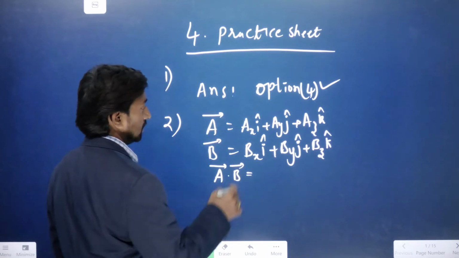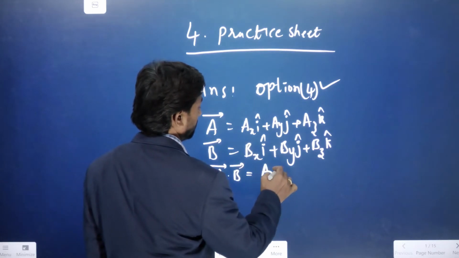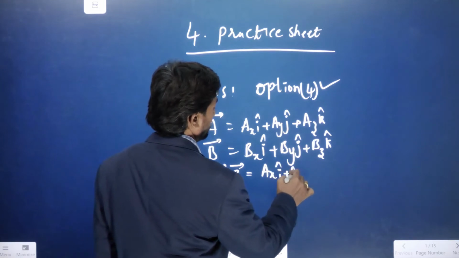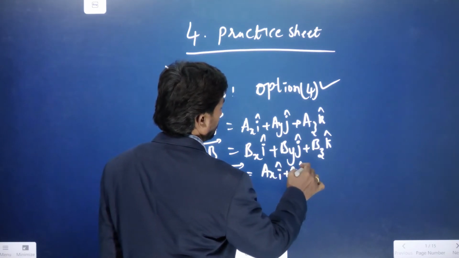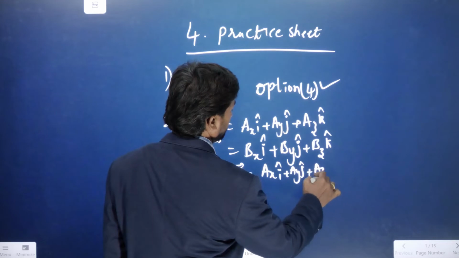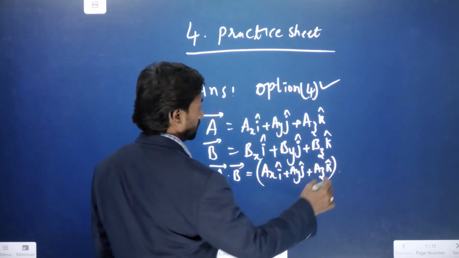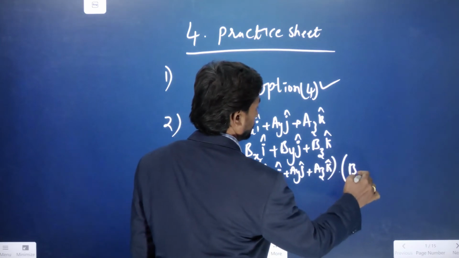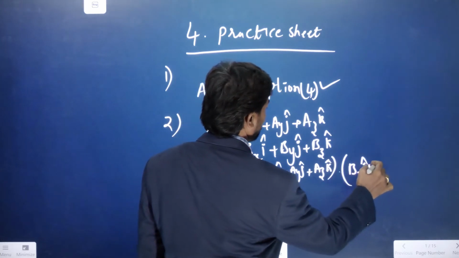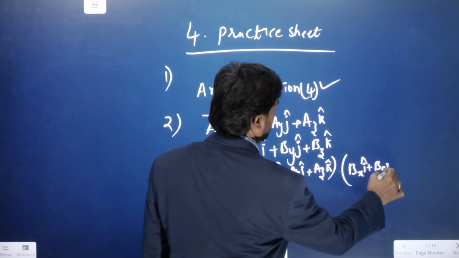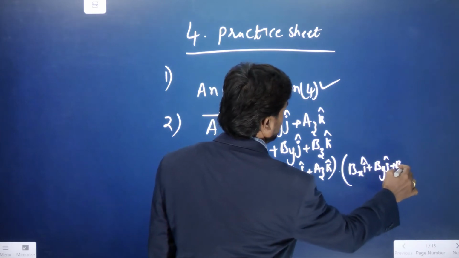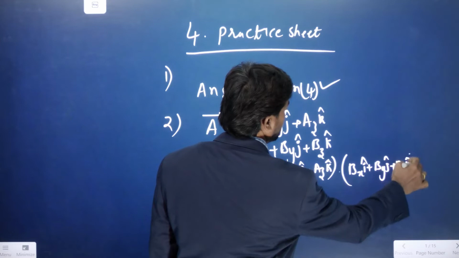So we can write a bar, ax i cap plus ay j cap plus az k cap, dot bx i cap plus by j cap plus bz k cap.